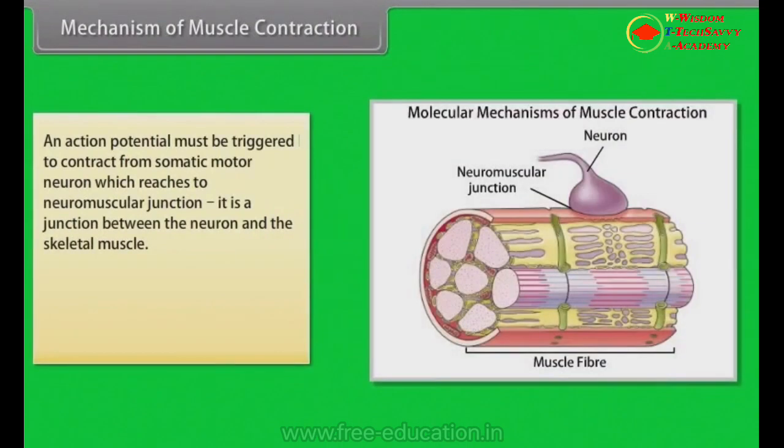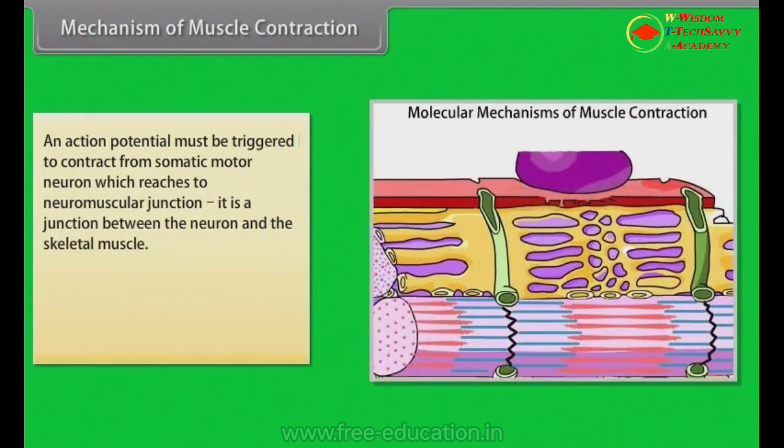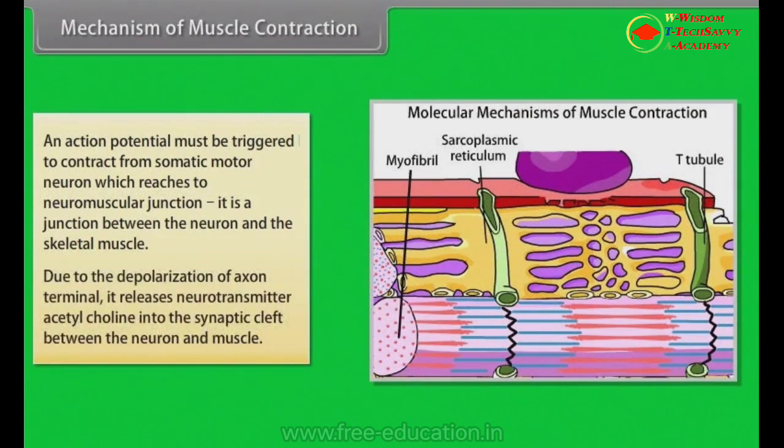An action potential must be triggered from the somatic motor neuron, which reaches the neuromuscular junction. It is a junction between the neuron and the skeletal muscle. Due to the depolarization of the axon terminal, it releases the neurotransmitter acetylcholine into the synaptic cleft between the neuron and muscle.